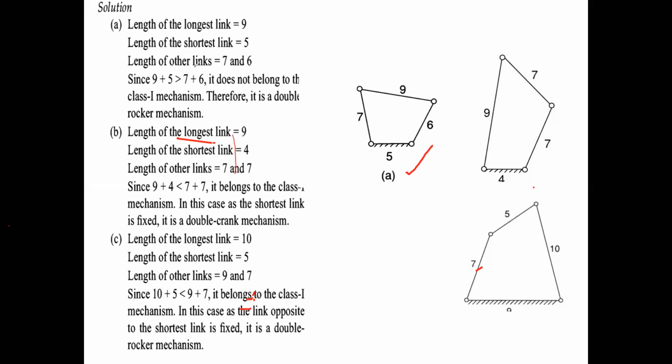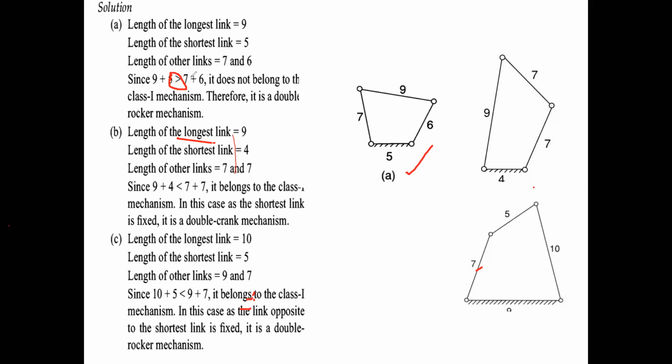In this case, greater than has to be arrived. When we arrive at greater than, then simply we say that it does not belong to the class 1 mechanism.